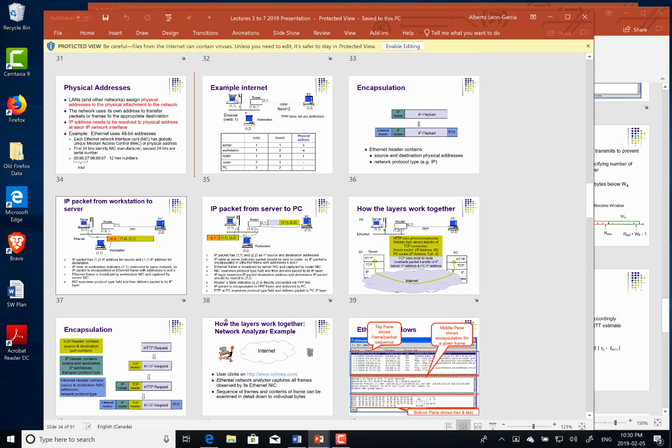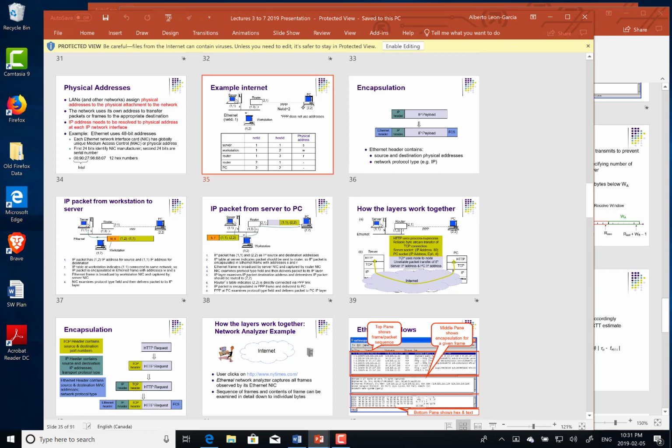Okay, I won't repeat this example here, but I encourage you to go through it in detail, because this explains how packets are transferred across one network, this Ethernet network, for example, but as well the operation of the router in interconnecting one network with a different network.